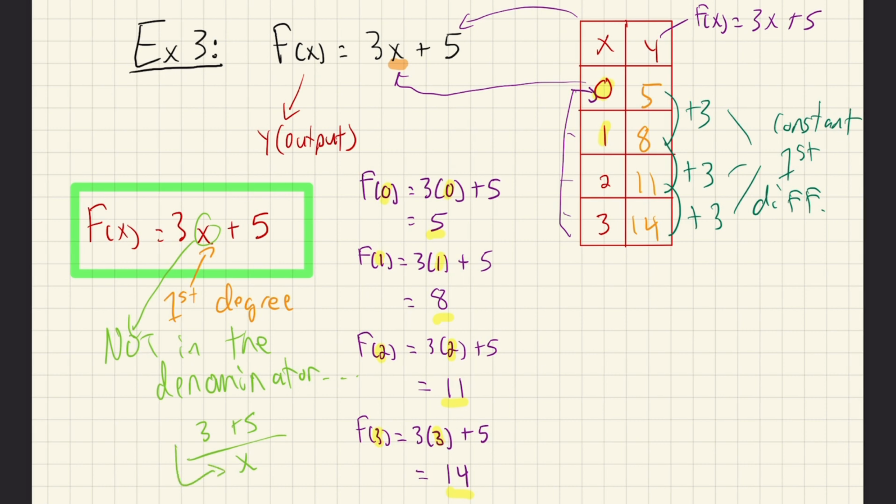This could be rational and not linear. So the fact that it's not 3 over x makes all the difference. And hence, everything that we've seen proves that this is a linear function, a linear f of x.